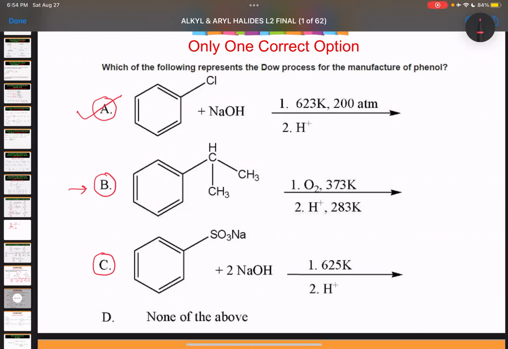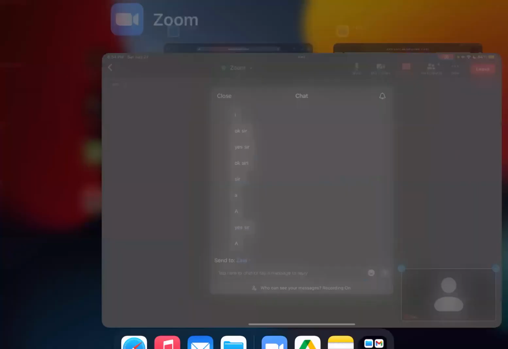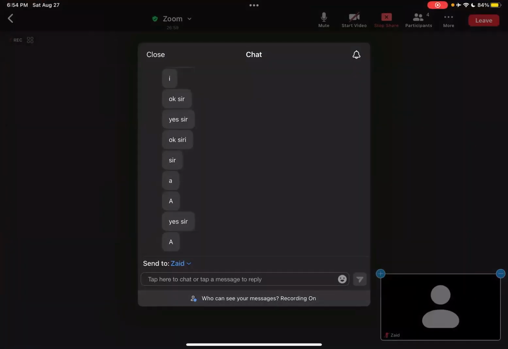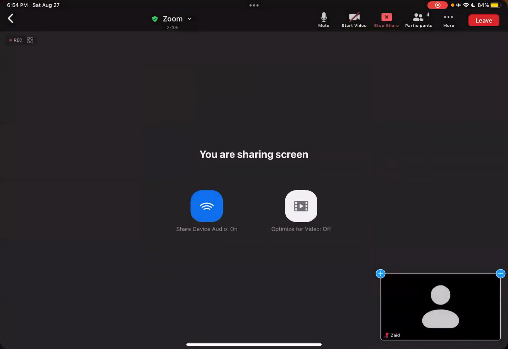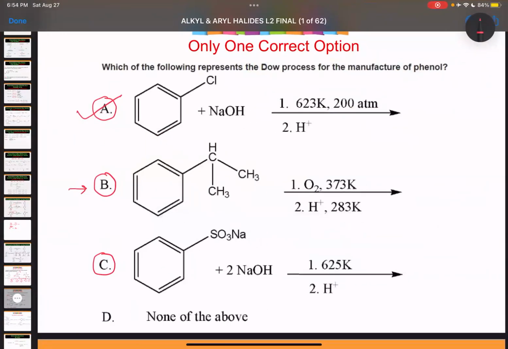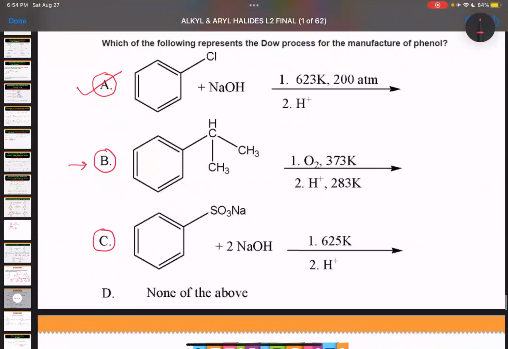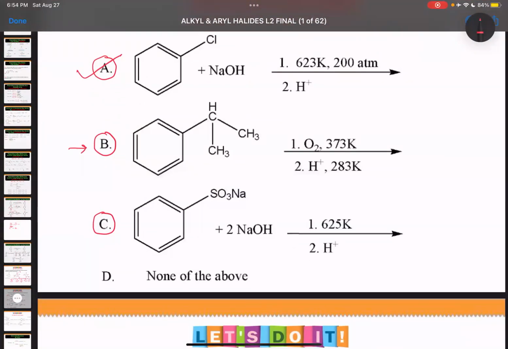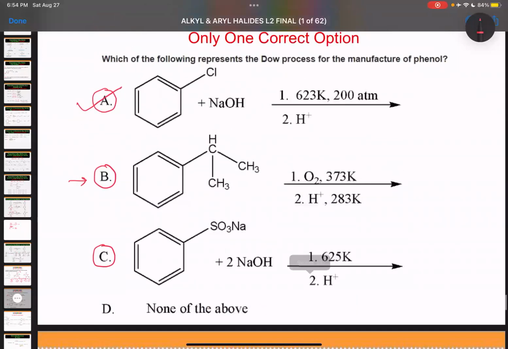This is isopropyl benzene, and this is the cumene hydroperoxide method for the preparation of phenol. So you prepare phenol from isopropyl benzene. We will cover it in the alcohol chapter.